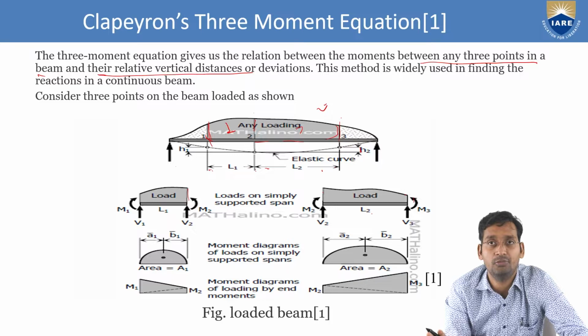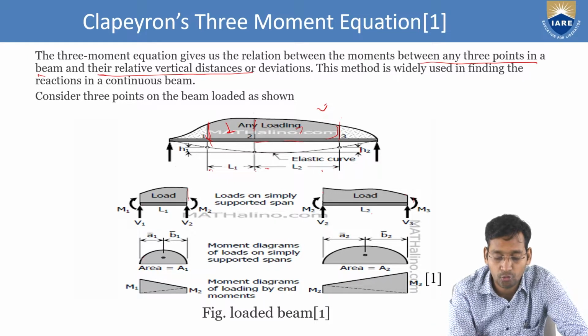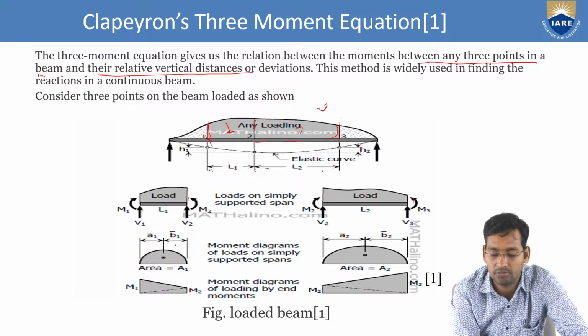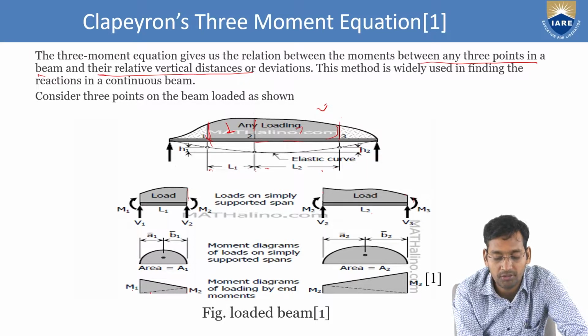Now what we have to do is draw the moment diagram of the simply supported beam. Overall, this will be from A1 and B1, if they are not at the same distance, and then A2 to B2. M1 will be larger in this case and M2 will be here in this direction.